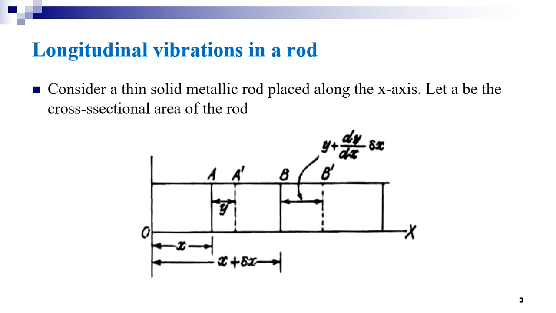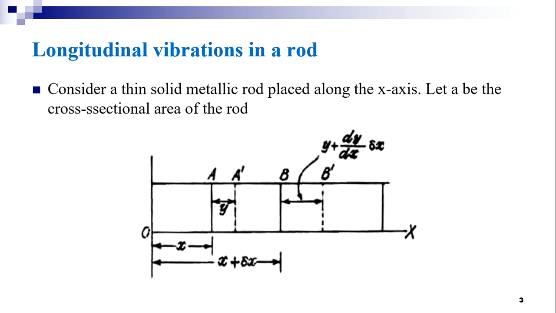and we can consider two vertical planes which are perpendicular to the x-axis along the length of the rod. The planes are A and B. So these two planes are having area of cross section A. The plane A is at a distance x from the origin, and the plane B is at a distance x plus delta x from the origin, respectively.